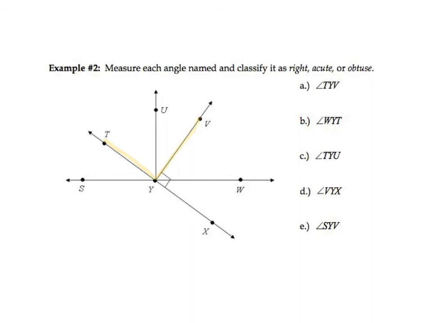If I look at that angle, I do have a right angle on the opposite side. Since they share the same side and YT is a ray along the same line as ray YX, this angle is also a right angle.